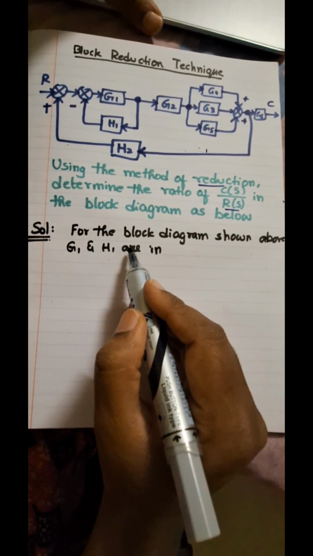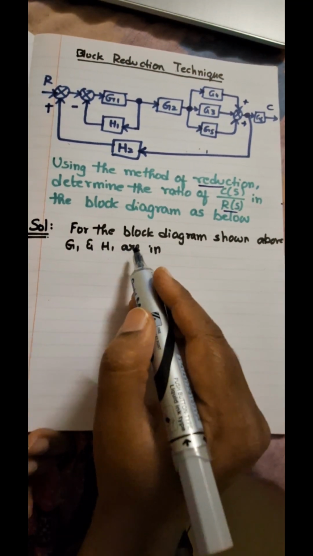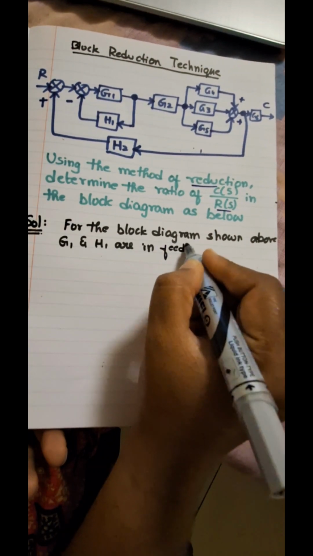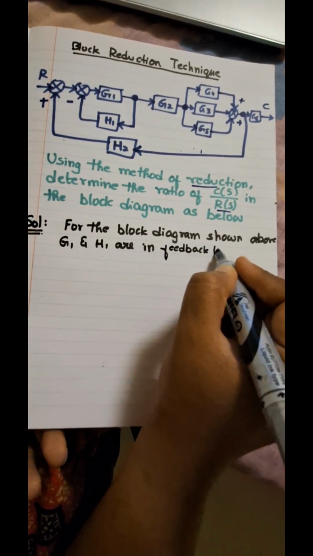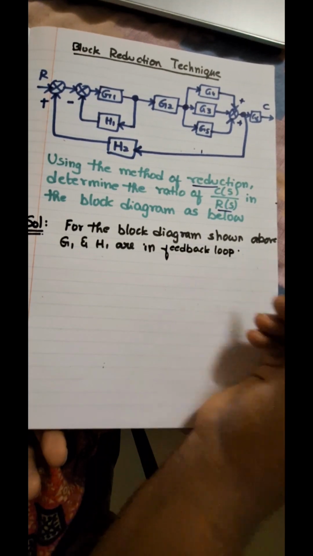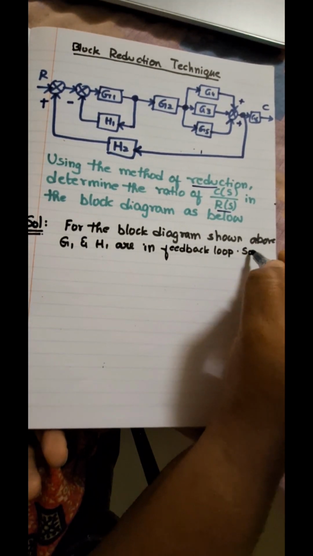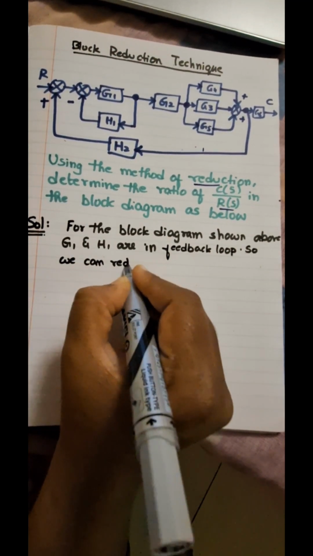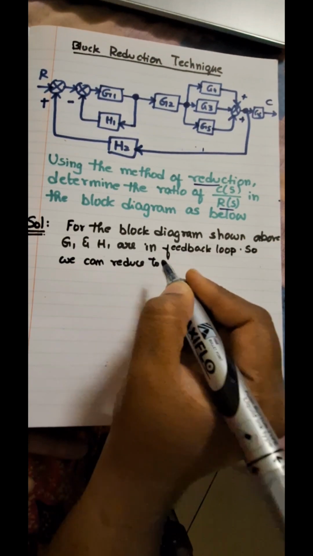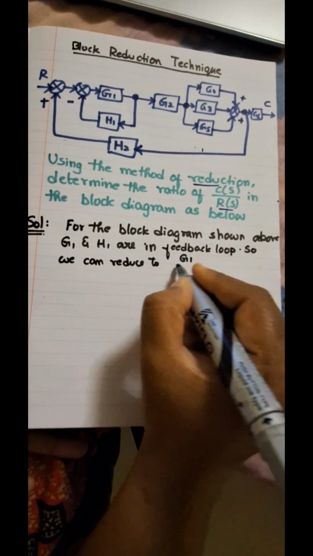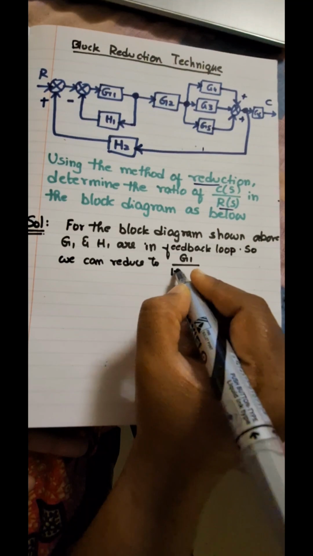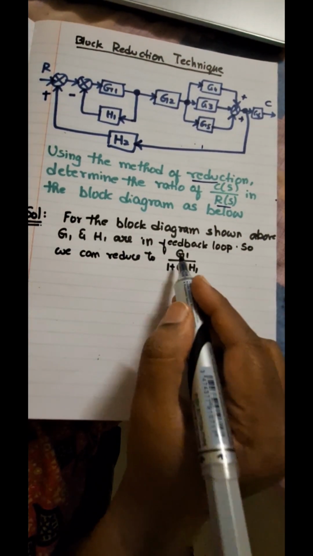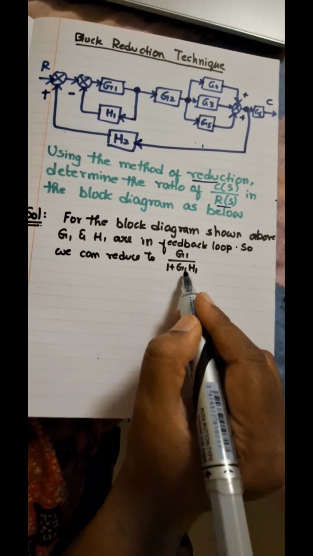You can see that both are having a feedback loop. So we can reduce to G1 by 1 plus G1 H1. It means G1 of S by 1 plus G1 of S into H1 of S.